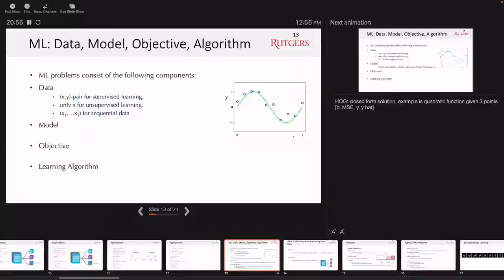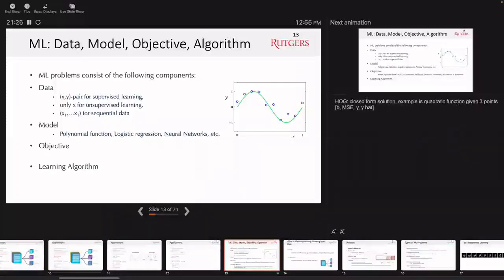With the data, the second important component is the model. You're given these 10 data points, and the goal is to learn a model to predict y given a new x. What kind of model can you choose?